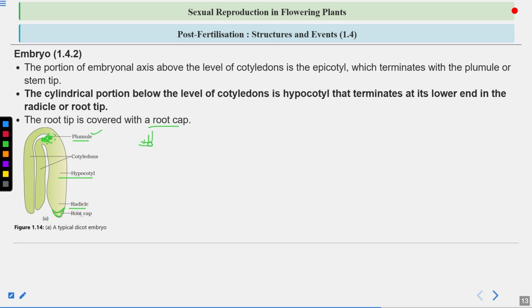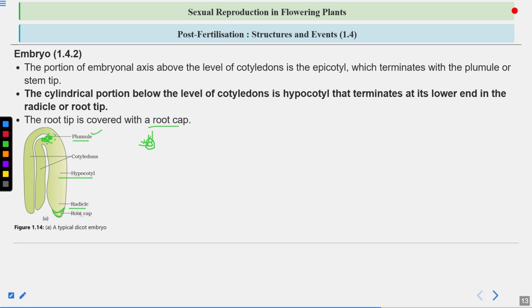Suppose these are the two cotyledon and this cell is just the plumule. So what can be there? For providing protection to this plumule, some of the cells are surrounding there, and that is the epicotyle.